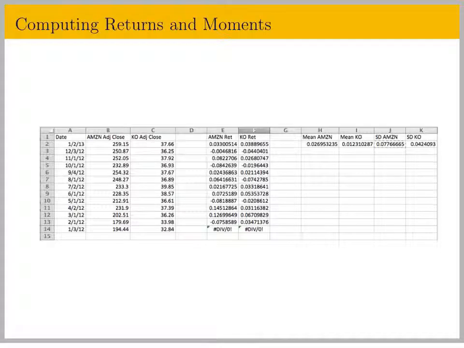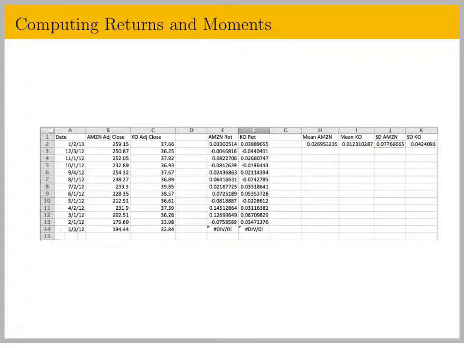Now here is an example of a spreadsheet where I just took those closing prices. This column takes the adjusted closing prices for Amazon and puts them in a column, and then the adjusted closing prices for Coke in another column. So I've thrown out all the other opens and highs and lows and closing prices and just kept the adjusted closing prices as well as the dates in reverse order.